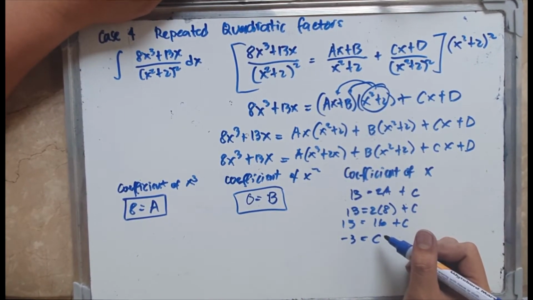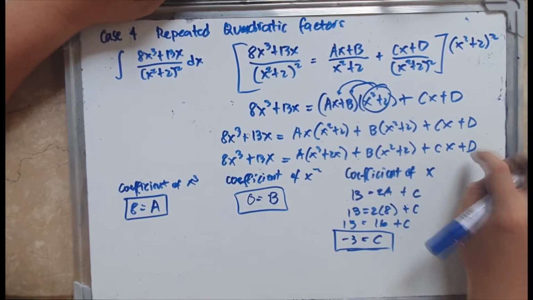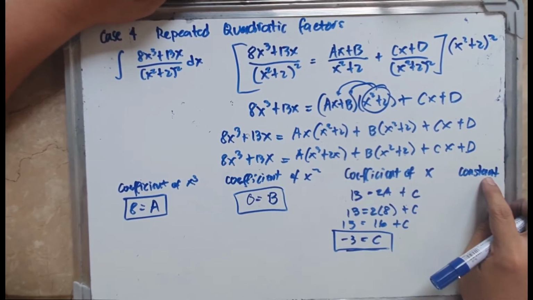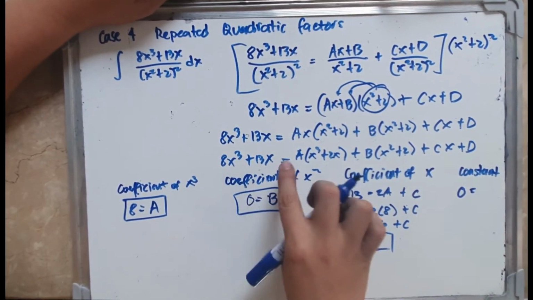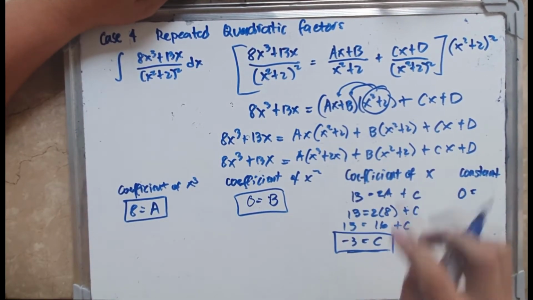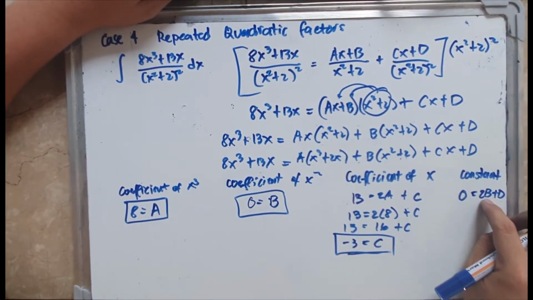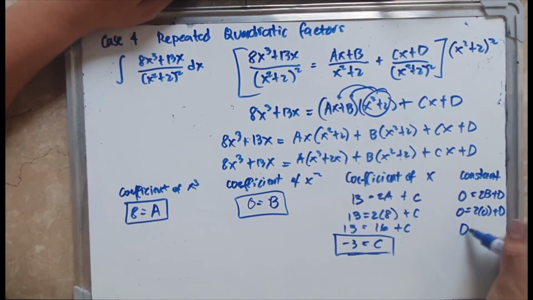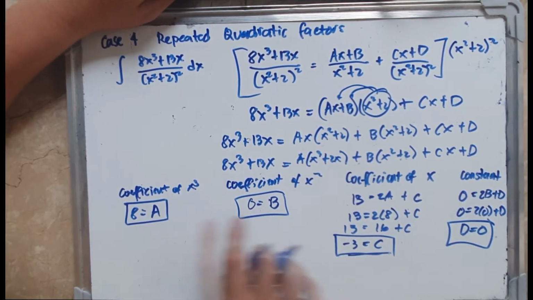Okay, and let's have the constant. For our constant, there's no constant on this side of the equation, so 0, only x cubed and x, and we have the constant here, 2b plus d. b is 0, 2 times 0, therefore d is also equivalent to 0. So we now have values a, b, c, and d.